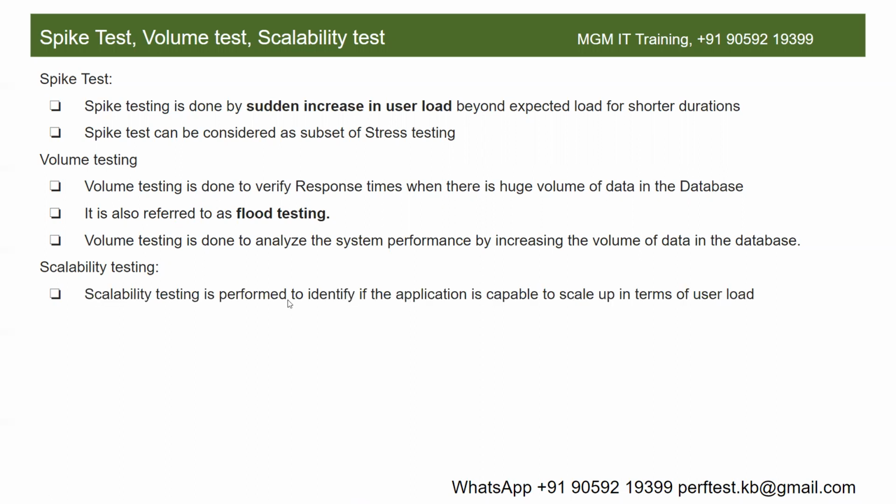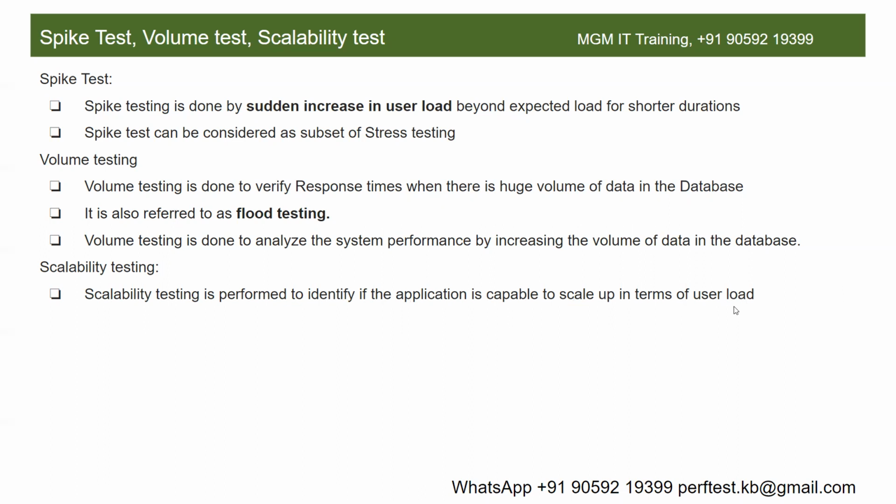The next type of testing is scalability testing. Scalability testing is performed to identify if the application is capable of scaling up in terms of user load. I already explained this, with examples. Facebook, for example, has 30 million users now, and there are estimates that in the next 1-2 years it will have a user base of 40 million.